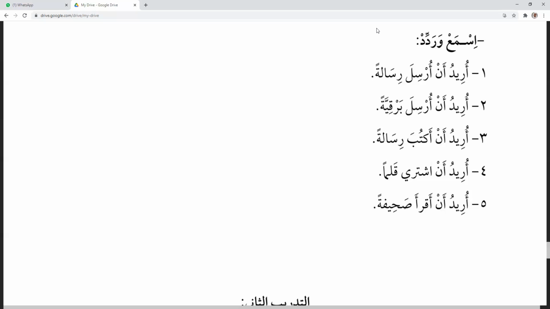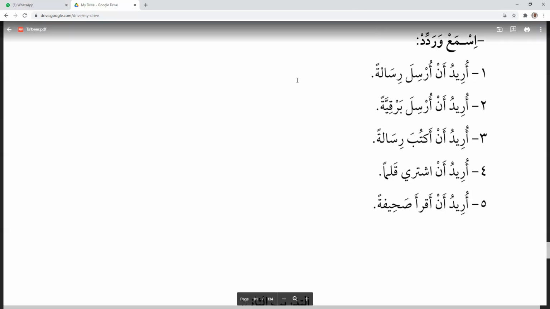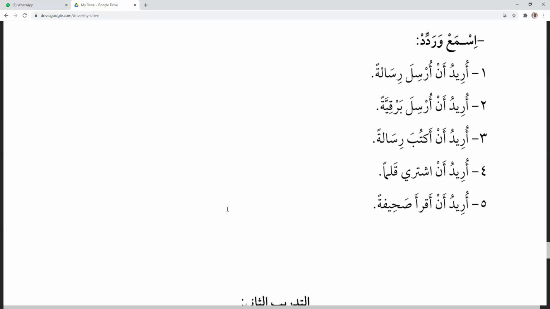It's not alif maksura, it's not dots. Alif maksura is dotless. أشتري قلما. I want to buy pens. Not plural, it's just singular. I want to buy a pen.